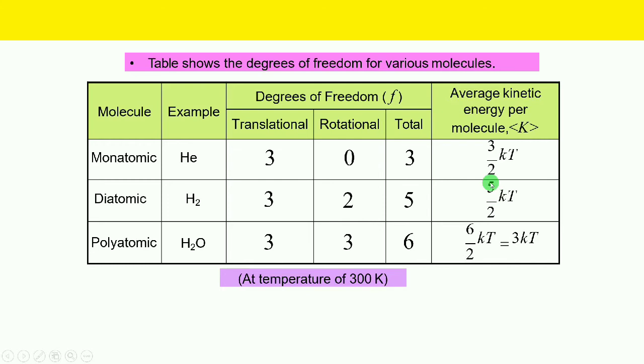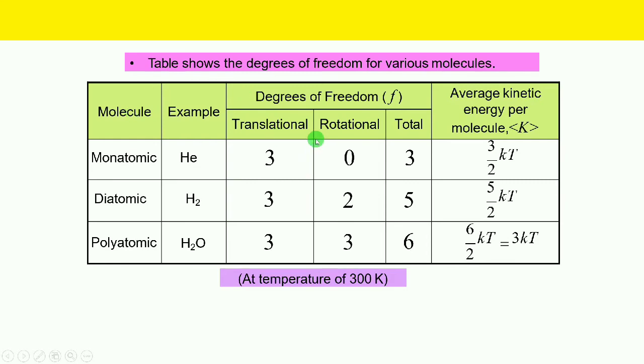This 5 is the total number of degrees of freedom. For polyatomic gas, because we consider 6, it is 6/2 kT, which you can divide and write as 3 kT. But mostly we write 6/2 kT because 1/2 kT is common for all, and the number in the numerator is the degree of freedom, so here it is 6. You can remember this table.